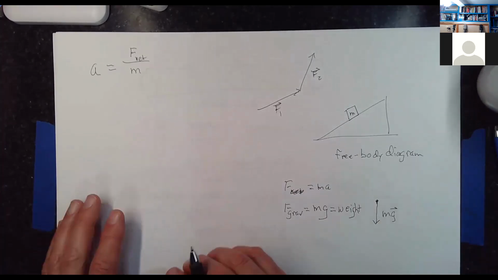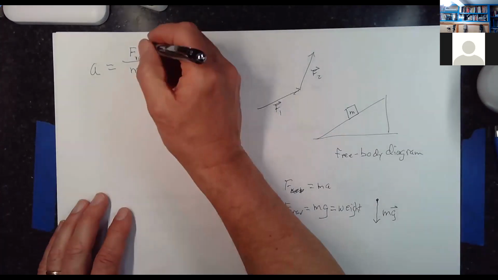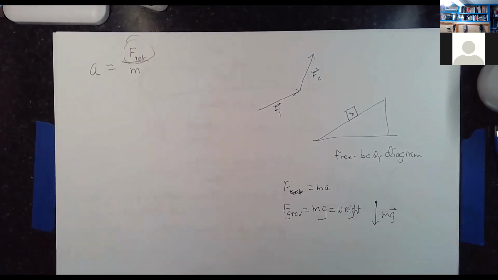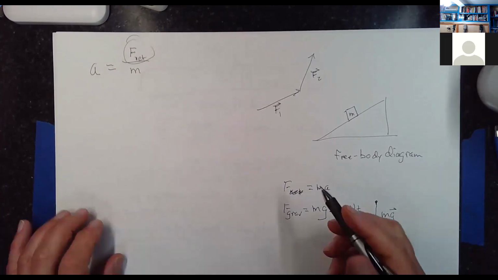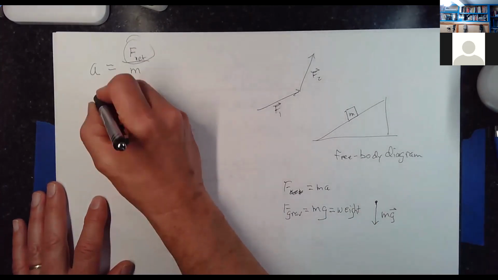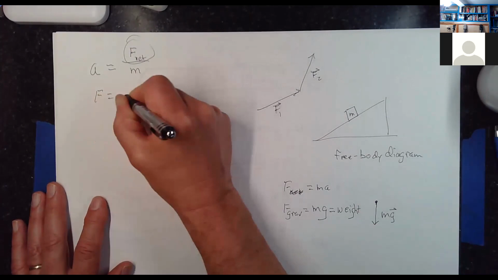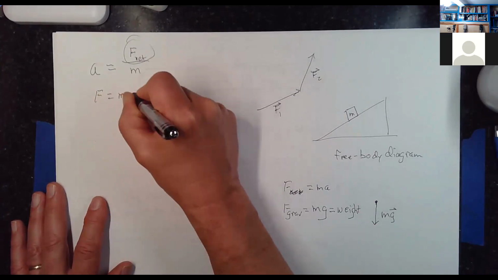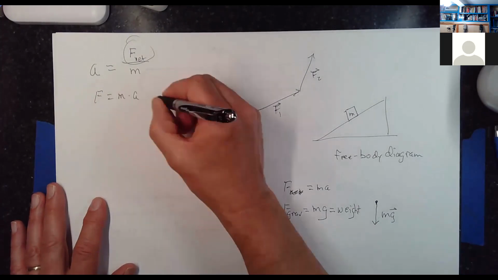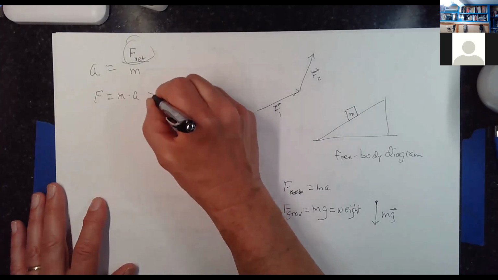Something I didn't talk about yesterday is what kind of units we're going to use for force. And we're going to stick with metric units for the most part, but for the metric system, the units of force are going to be units of mass times units of acceleration. And so our mass units are going to be kilograms.